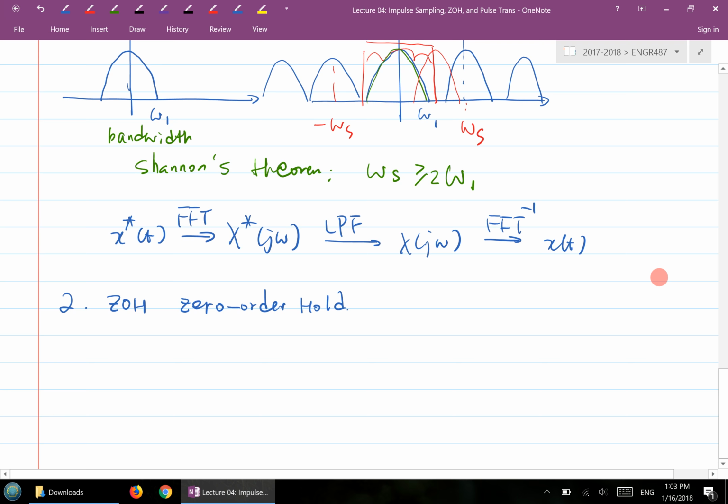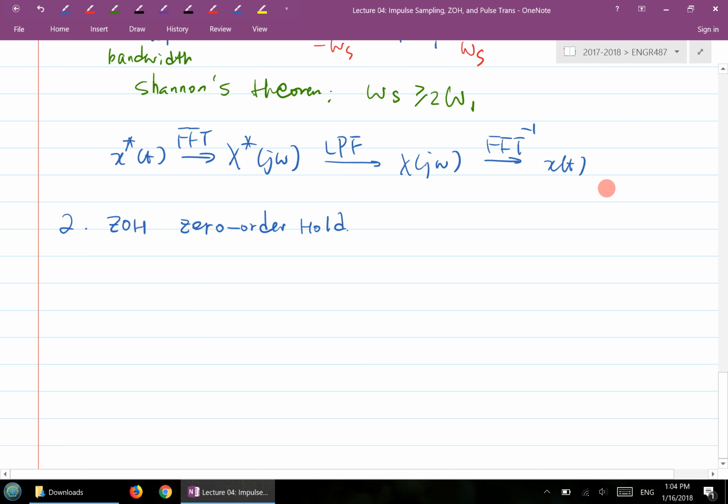So when you have a digital controller, by implementing some sort of digital control algorithm, you will come up with a digital control signal, maybe corresponding to a certain voltage, and you're going to have to apply this back to the real system, right?